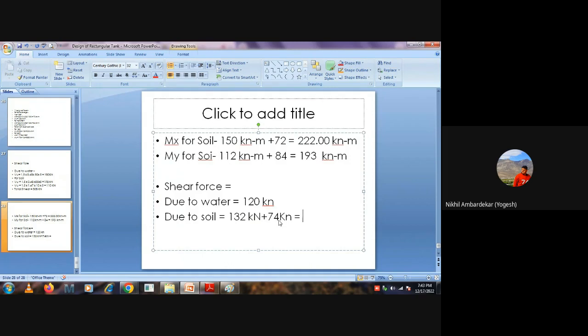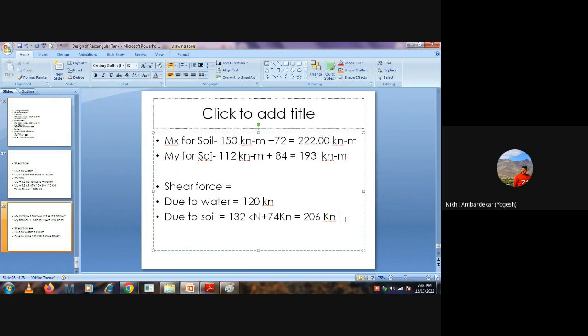So what is the total shear force? 74 plus 132, 206. So whenever you calculate your wall to check the shear force, you need to consider this. It's absolutely fine if you don't consider this, because shear force is always governing, which is maximum.